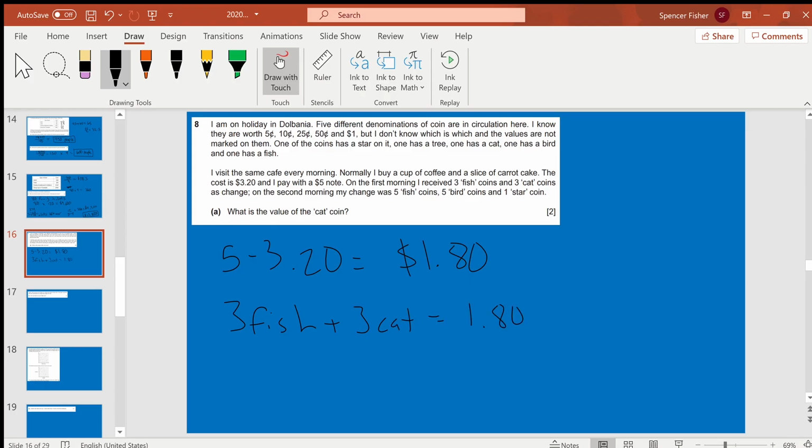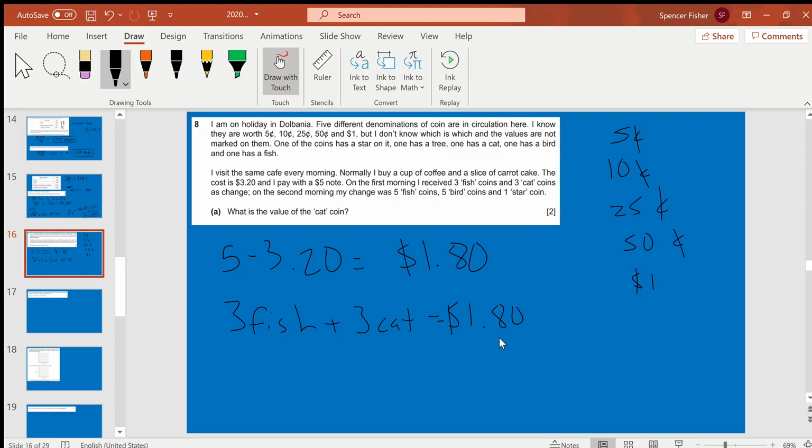Now we know that the denominations of coin here are going to be 5 cents, 10 cents, 25 cents, 50 cents, and $1. So what we're trying to do here is eliminate whatever coins that we can and see if we can narrow it down to possibilities.